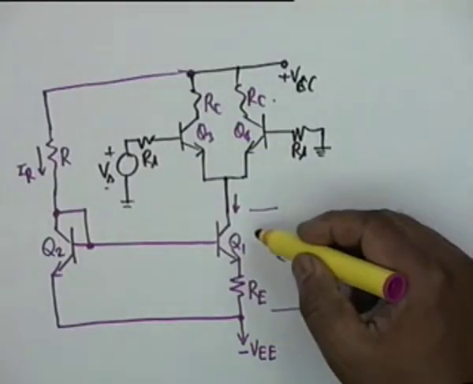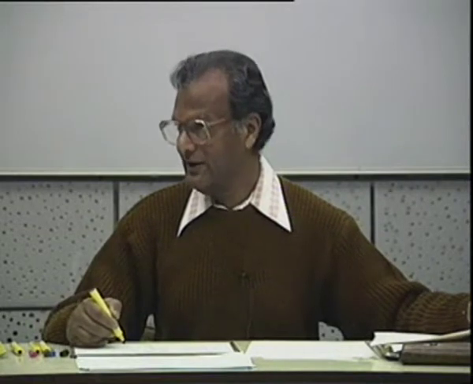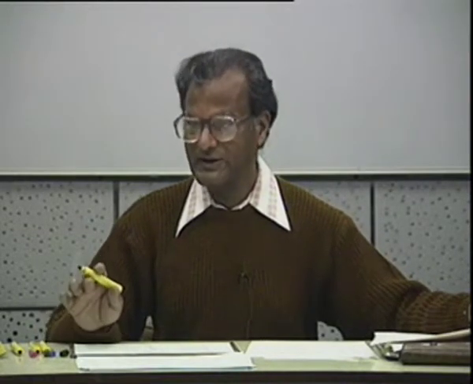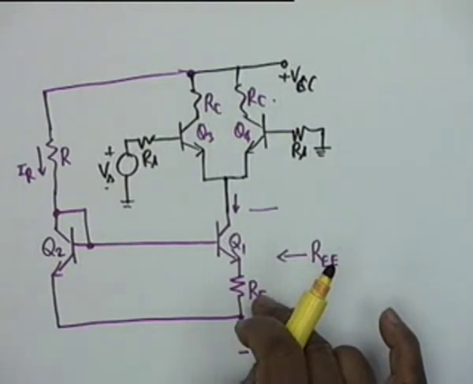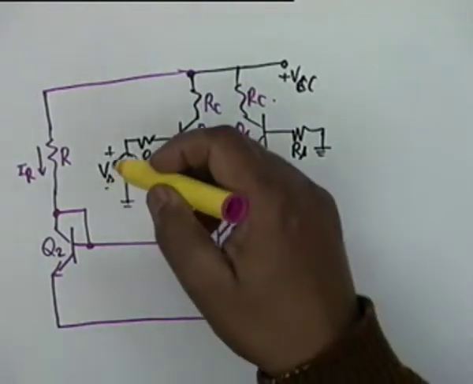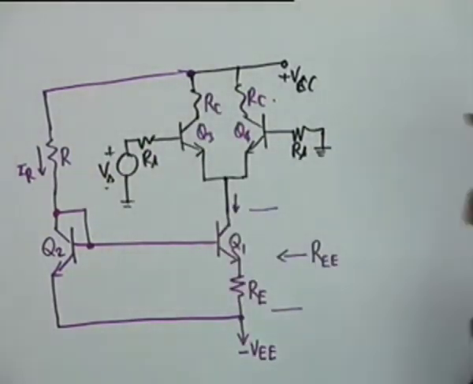But since there is an R0 and VA is not infinity, REE shall be a finite quantity but much larger than what we have physically connected here, RE. We shall show this. But you recall the design equations of a Widlar current source.